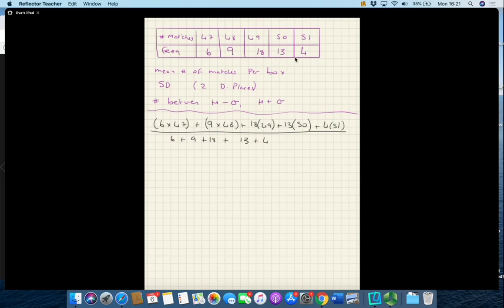Which I believe is 50. So 10, 19, 29, 37, 47, 50. Okay, and we put all that into a calculator: 6 by 47 plus 9 by 48 plus 18 by 49 plus 13 by 50 plus 4 by 51, divided by 50. So my mean is equal to 49.